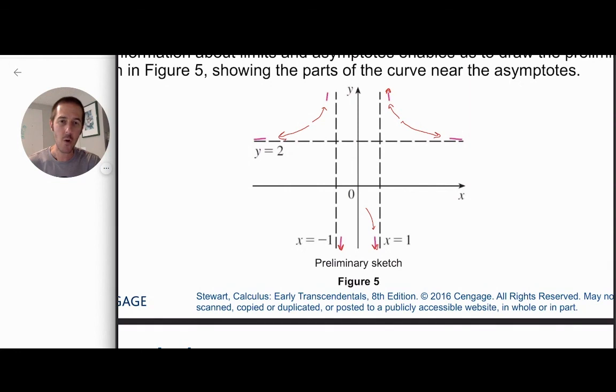It's not always the case that a curve stays on one side of a horizontal asymptote. Horizontal asymptotes are all about what happens at infinity, or as we approach positive or negative infinity. Not so much what's happening when we're pretty close to the origin or close to an x value of 0. So this line being y equals 2, vertically we have some scale.